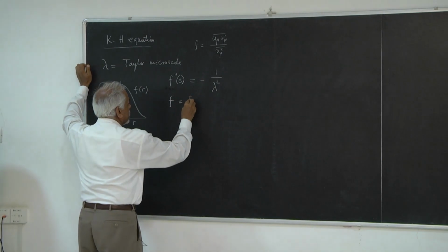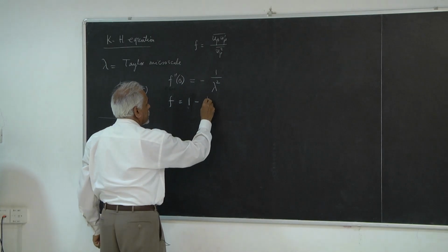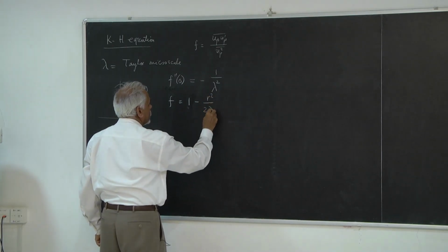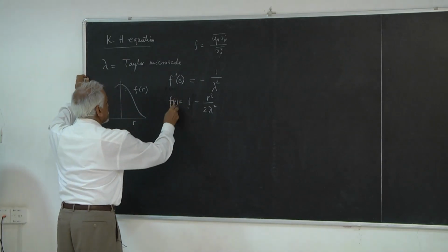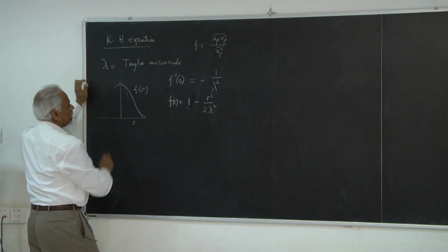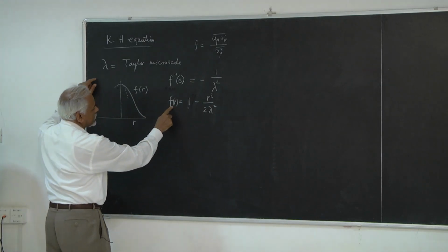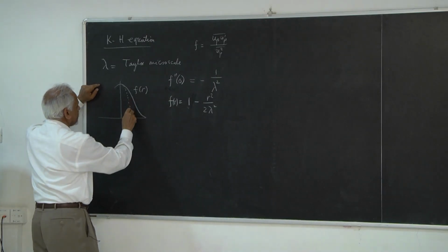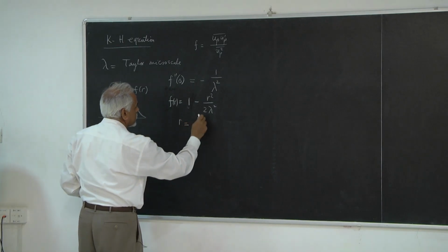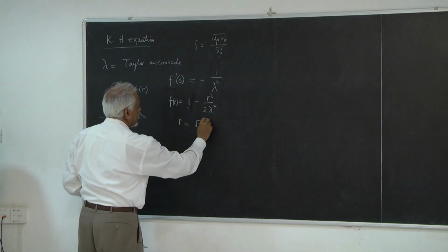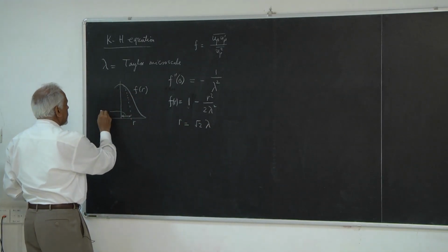So f is now f0, which is 1, minus r squared over 2 lambda squared. This is f of r, this parabolic fit. So when f is 0, that is, you bring it down all the way to this axis, you have the situation r equals square root 2 lambda.